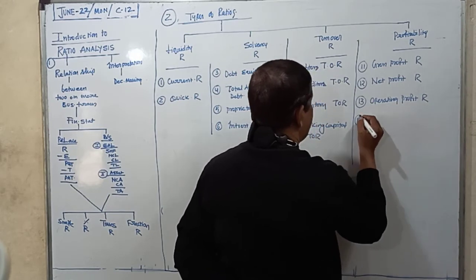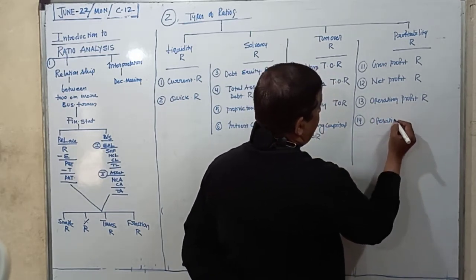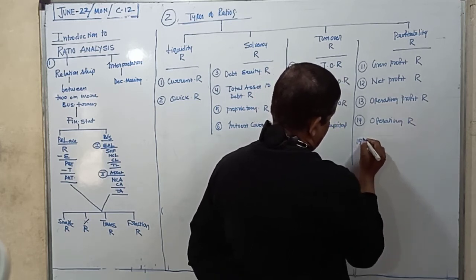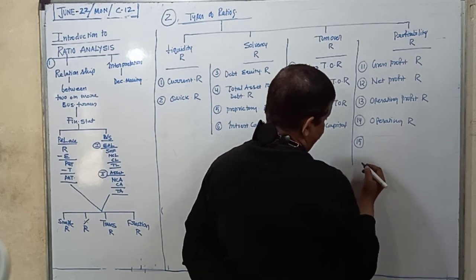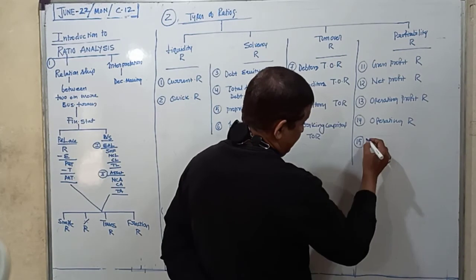Next we see operating ratio. Next we see return on investment.